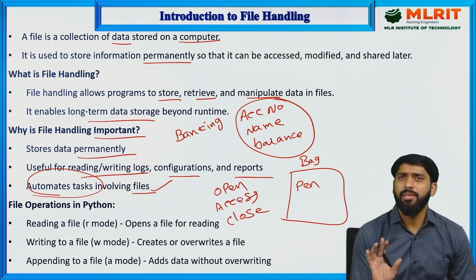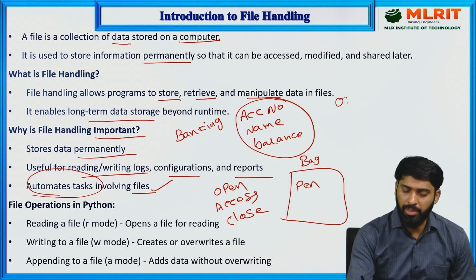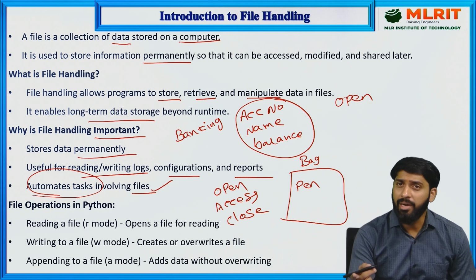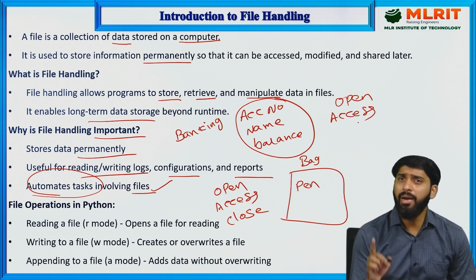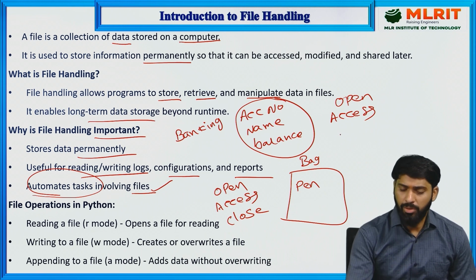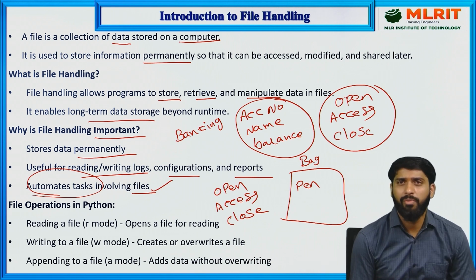In the same way with files, whenever you try to access any file, first you open the file. This is the first step. Second, access the content in the file. And at the end of the program you close the file. These are the common steps you are going to follow while you are using files in Python.